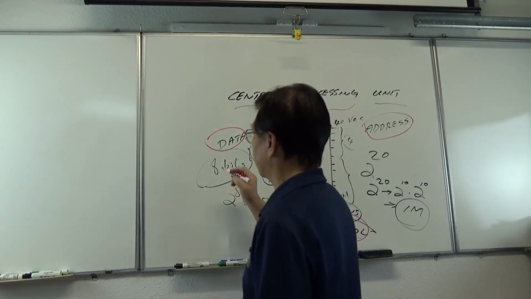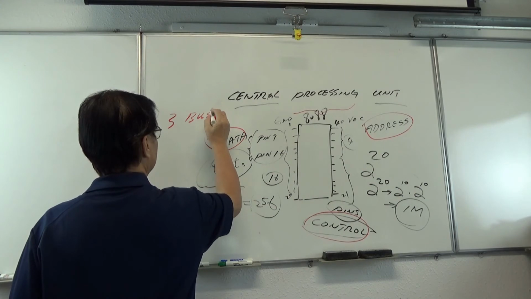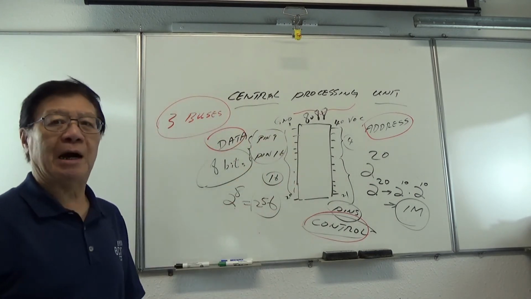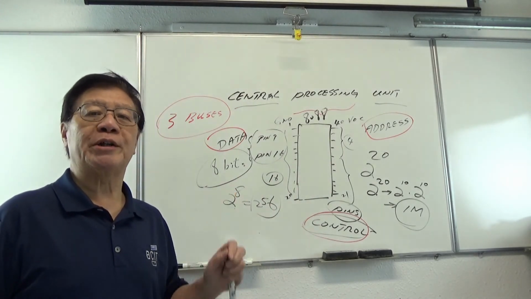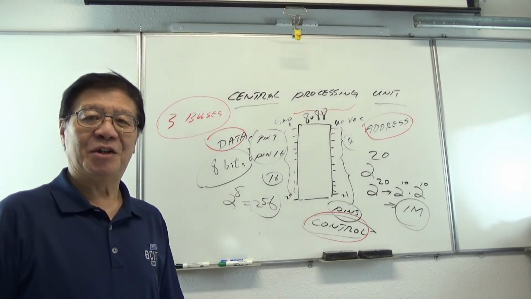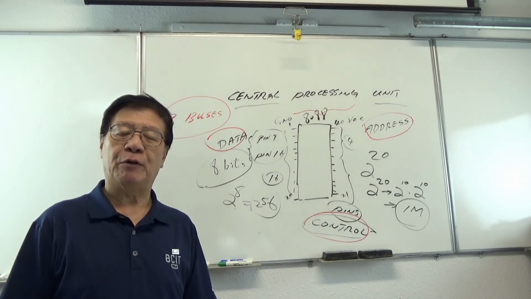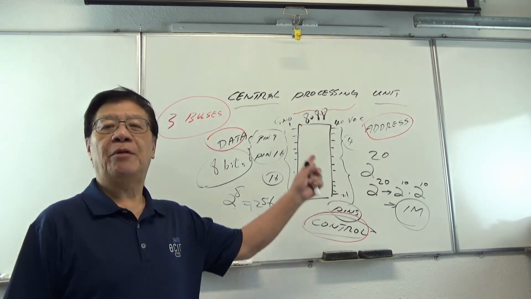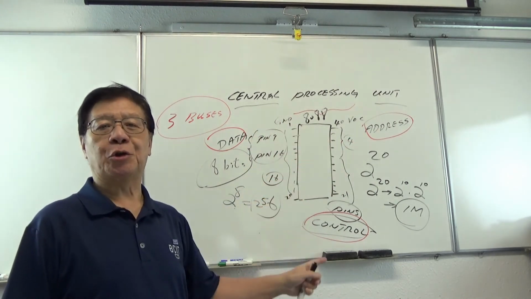So 3 buses. That is how the CPU is processing. So when we say CPU, central processing unit, if you ask, what does the CPU process? 3 things: data, address, and control.